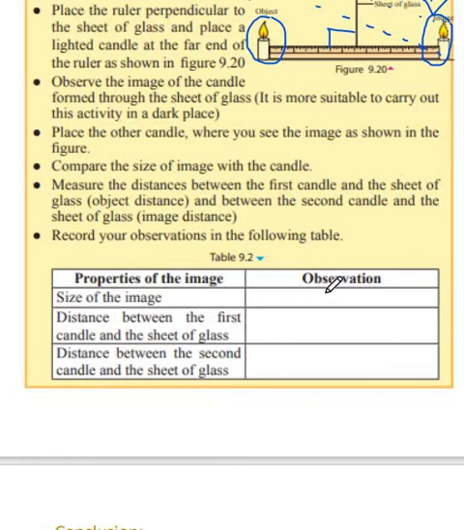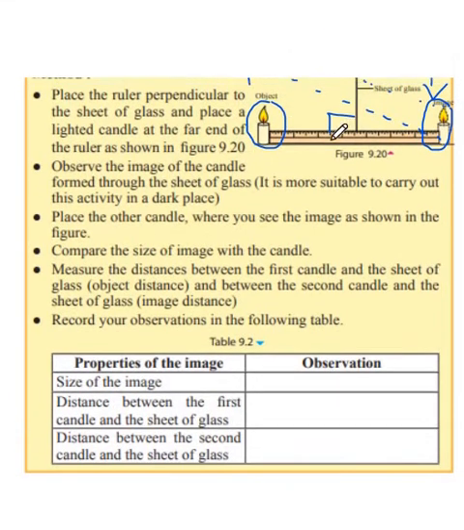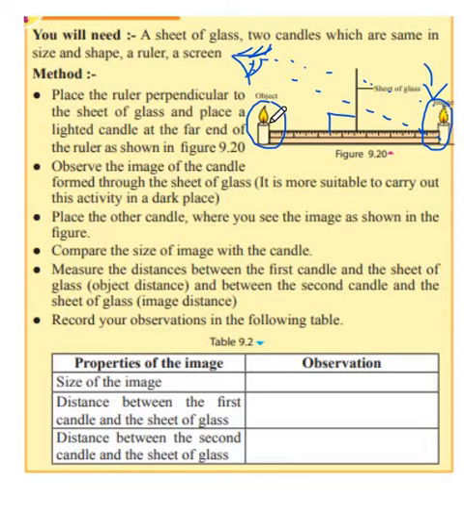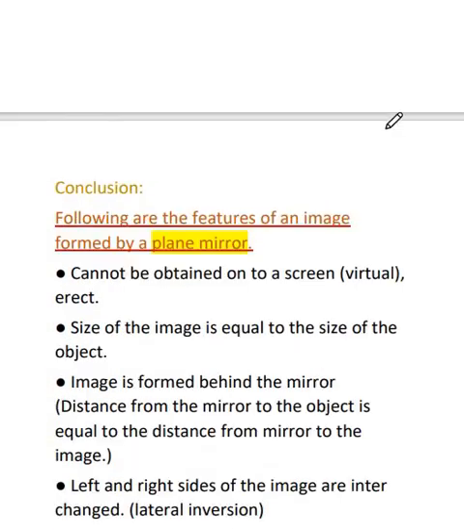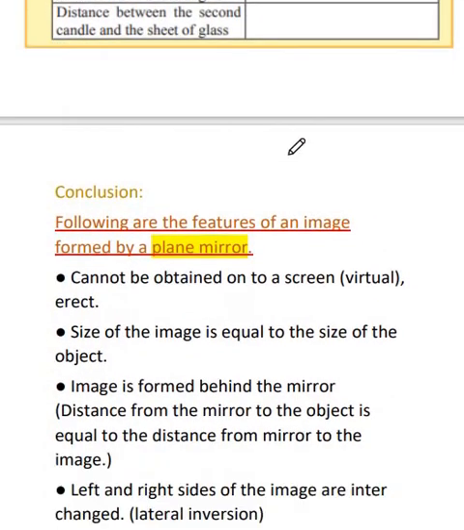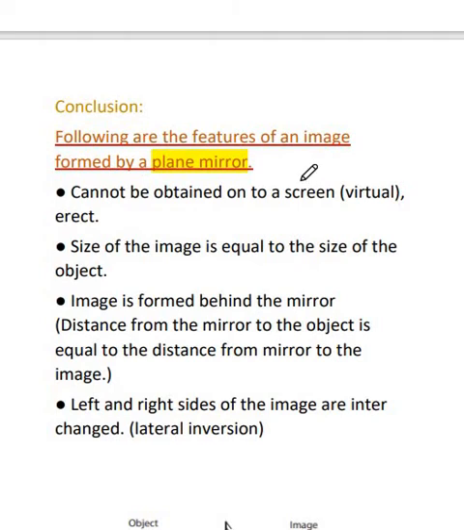Did it become small? Or was it the same size? Then you see the distance between the candle and the glass sheet. What is this distance? You record your observation. And what is the distance between the image and the candle? You record it.